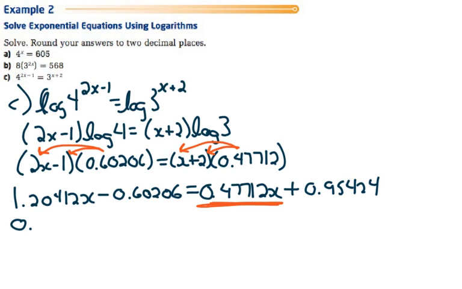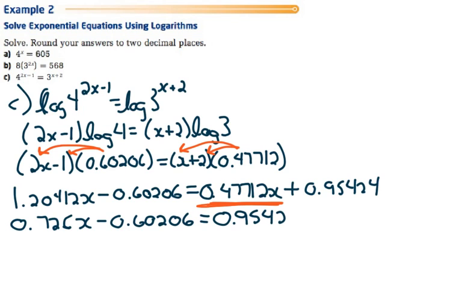I get 0.726x minus 0.60206, which will equal 0.95424. Move the 0.60206 over to the right side.